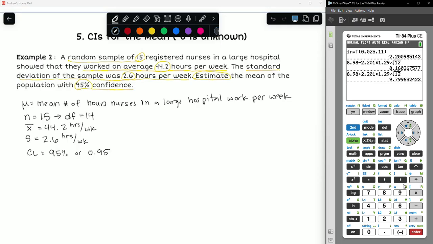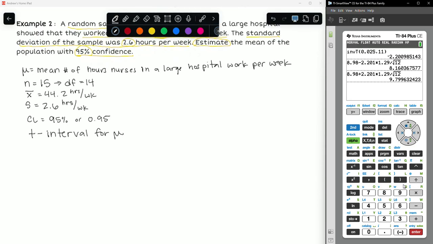Because we were given that sample value for standard deviation, we know that we're using the t distribution. So this is a t interval for a mean. And I know that means that I need to use this student t distribution to find my critical value.